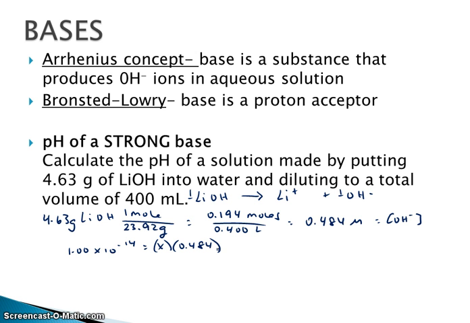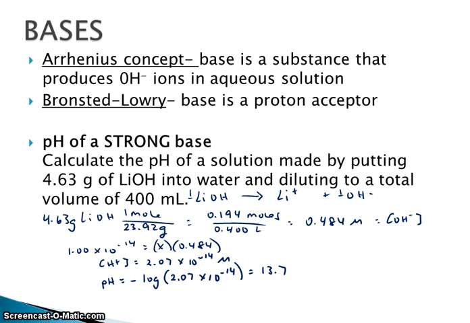Divide both sides by 0.484, and our hydrogen ion concentration will be 2.07 times 10 to the minus 14 molar. To calculate our pH then, we'll take the negative log of 2.07 times 10 to the minus 14, and we're going to get a pH of 13.7. So strong base problems are pretty straightforward.